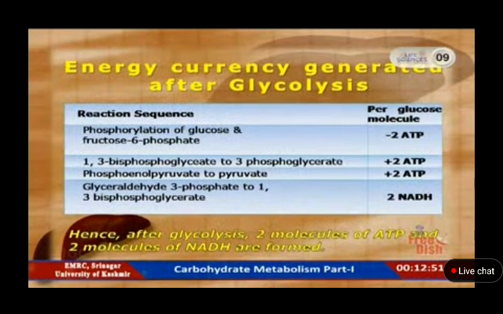These 5 steps are called the payoff phase of glycolysis, because the energy stored in the glycolytic intermediates is released during these steps. Net gain after glycolysis is 2 molecules of ATP and 2 molecules of NADH.